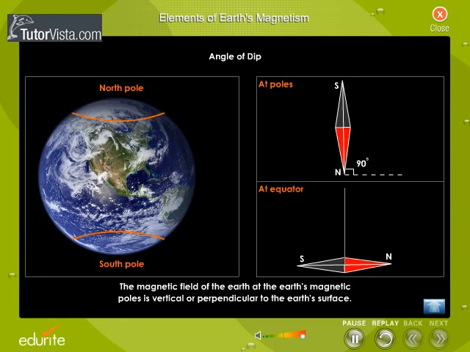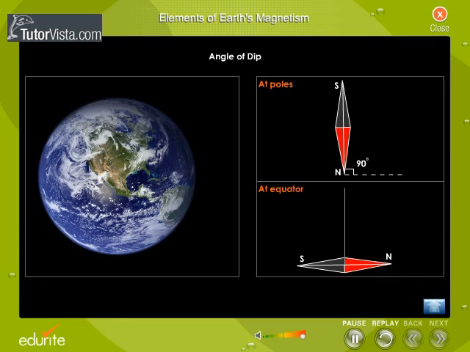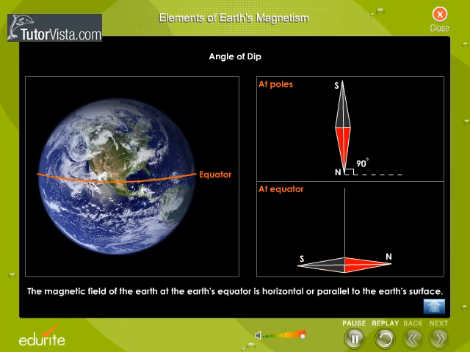It means that the magnetic field of the Earth at the Earth's magnetic poles is vertical or perpendicular to the Earth's surface. Similarly, at the magnetic equator, the magnetic needle aligns in a horizontal position and therefore the angle of dip is 0 degrees. It means that the magnetic field of the Earth at the Earth's equator is horizontal or parallel to the Earth's surface.